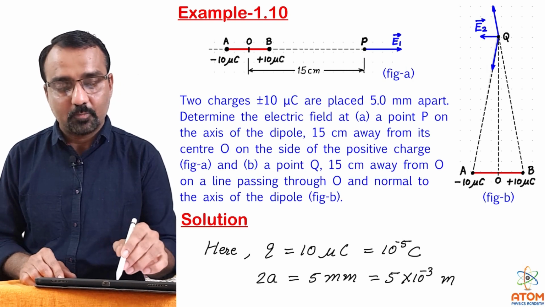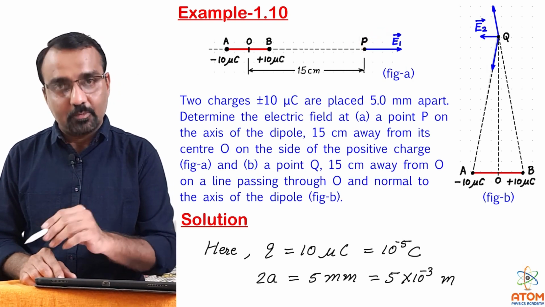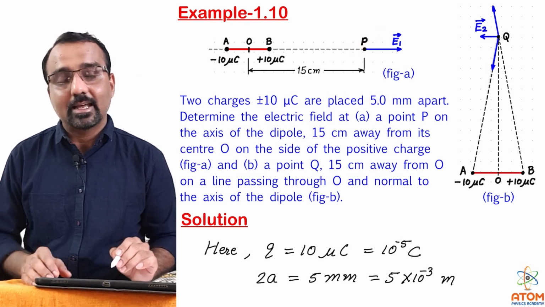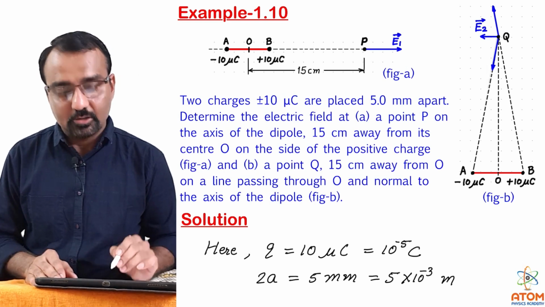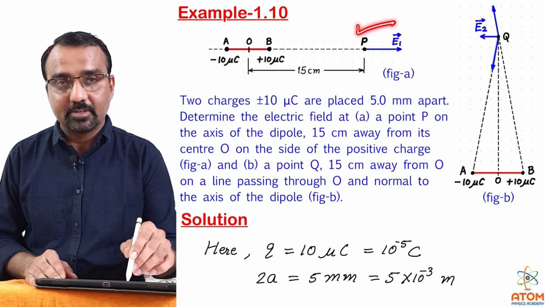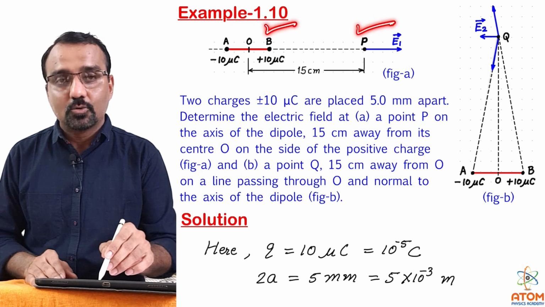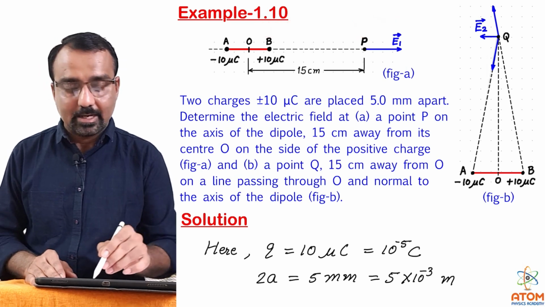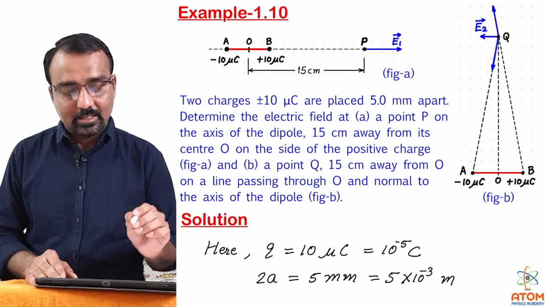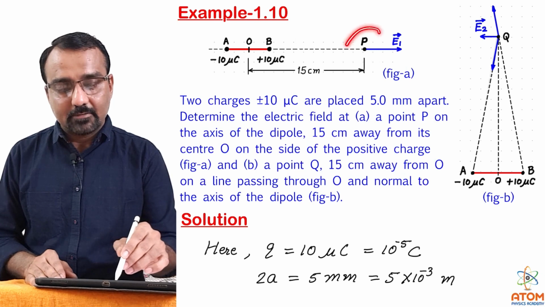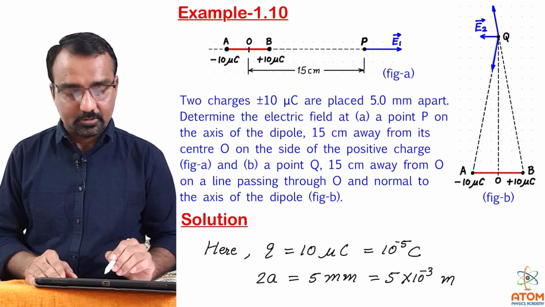Point P could also be in the opposite direction, towards the negative charge. That is why it is specifically said that it is towards the positive charge at 15 centimeter. So we need to find the electric field at this point P first of all.